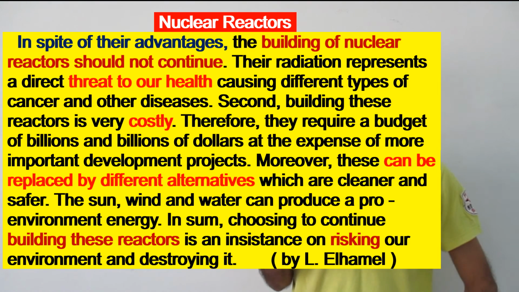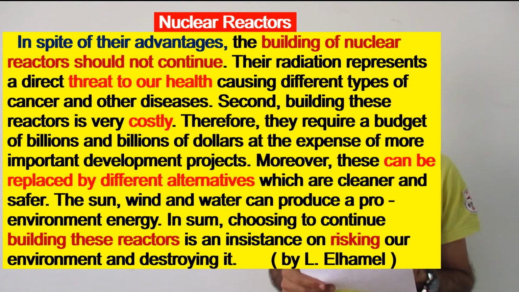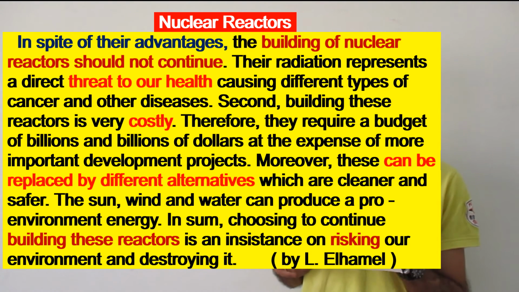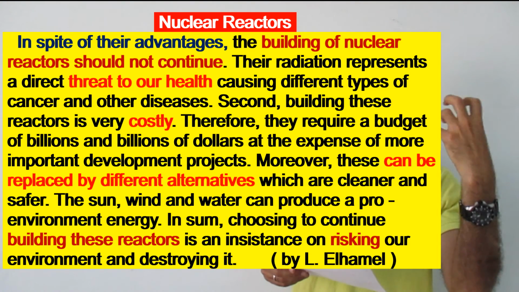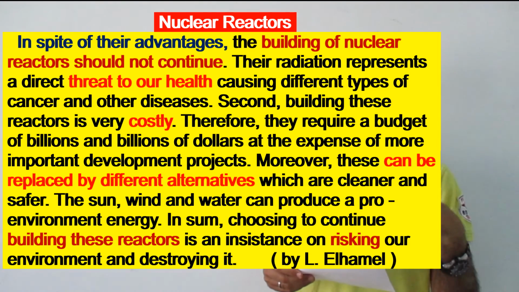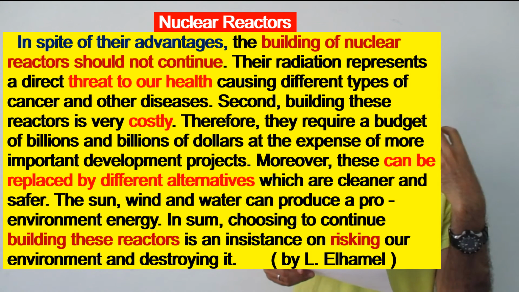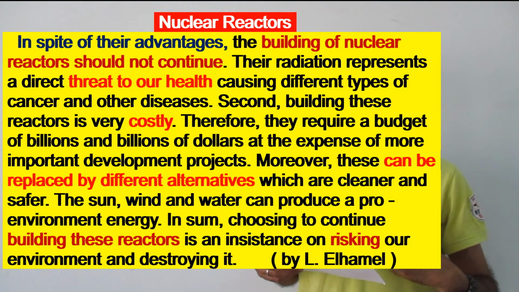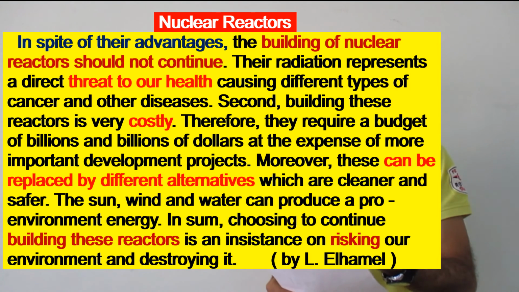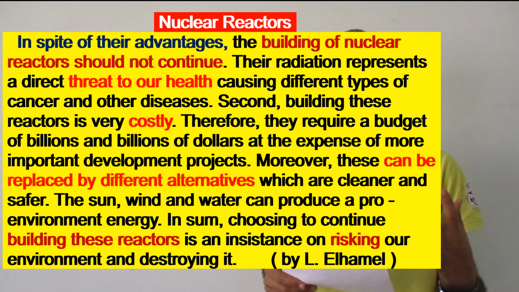But in spite of their advantages, the building of nuclear reactors should not continue. So here, he gives first the other claim, the opposing view and opinion. They are useful. Then he says they shouldn't continue. He is against them, not for.